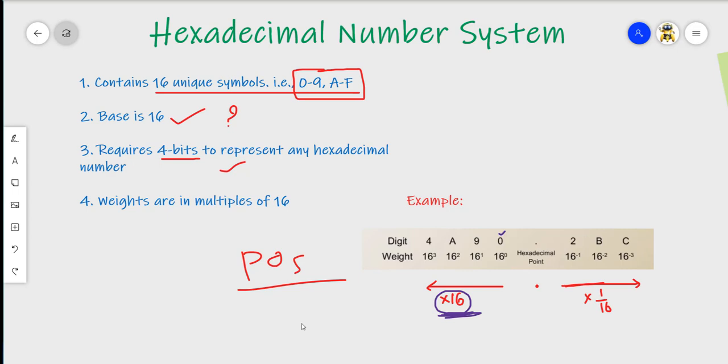Well, that's it. So what I want you to do is take down the notes of all the 4 number systems clearly with the examples.